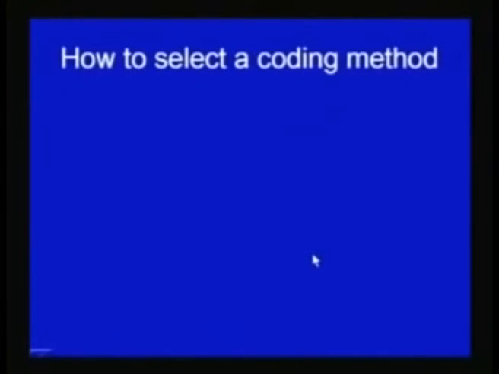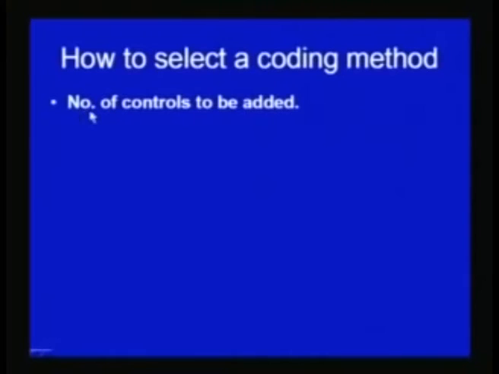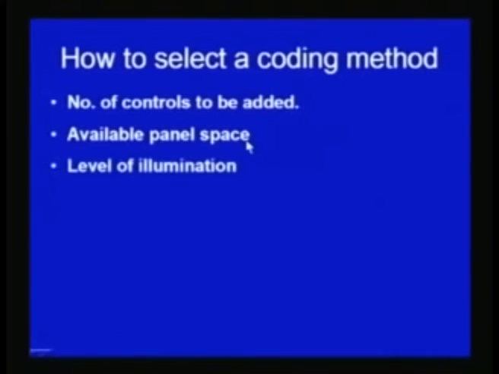For selection of the optimum coding method for controls depends upon the number of controls which are to be covered and included in the given area, the available panel space, the level of illumination available in the working conditions, and the operator's workload. This indicates the mental strain conditions of the worker.